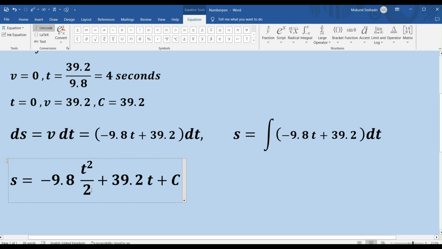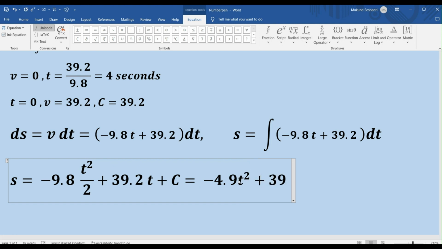I know that I can do a little bit of simplification and I can express my answer as minus 4.9 times t square, because my 9.8 divided by 2 is 4.9, plus 39.2 times t plus c, right? So this is the equation for my distance traveled, right?